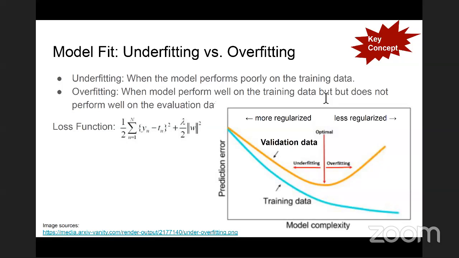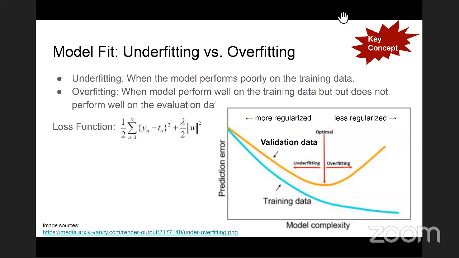The blue curve and the orange curve are just conceptual curves. Don't worry about their shape. Lambda is there in the loss function, so on the right side it is less regularized.